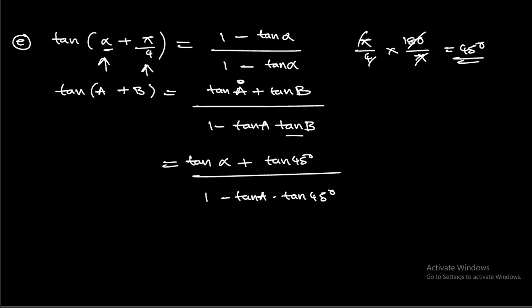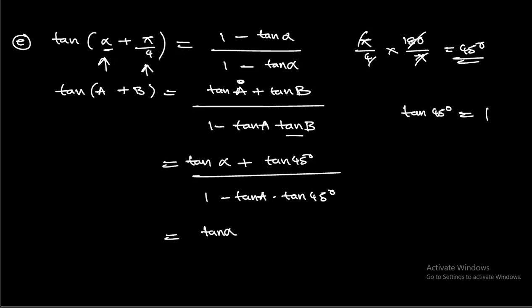What we need to understand is simple. Tan alpha will still be tan alpha. So tan 45, for you who remember special angles, guys, what is tan 45? It is just 1.